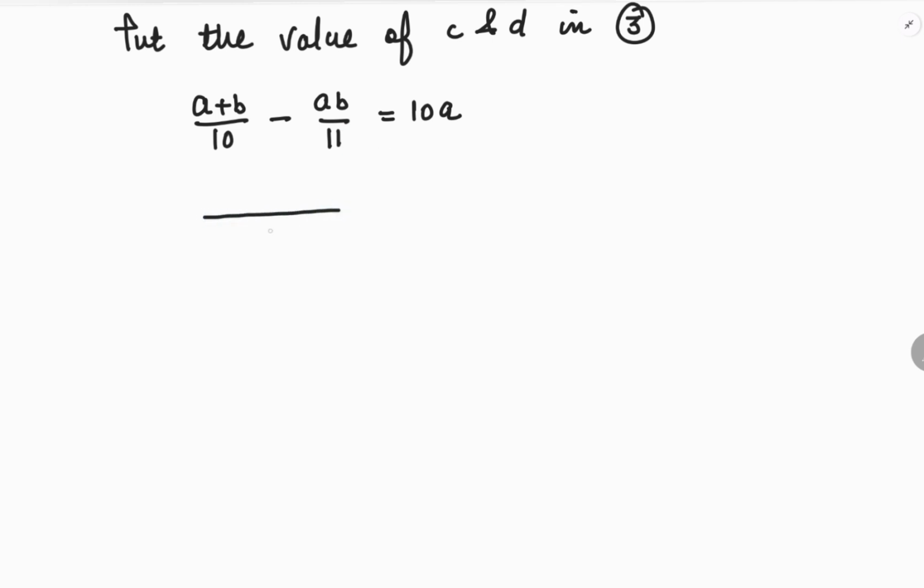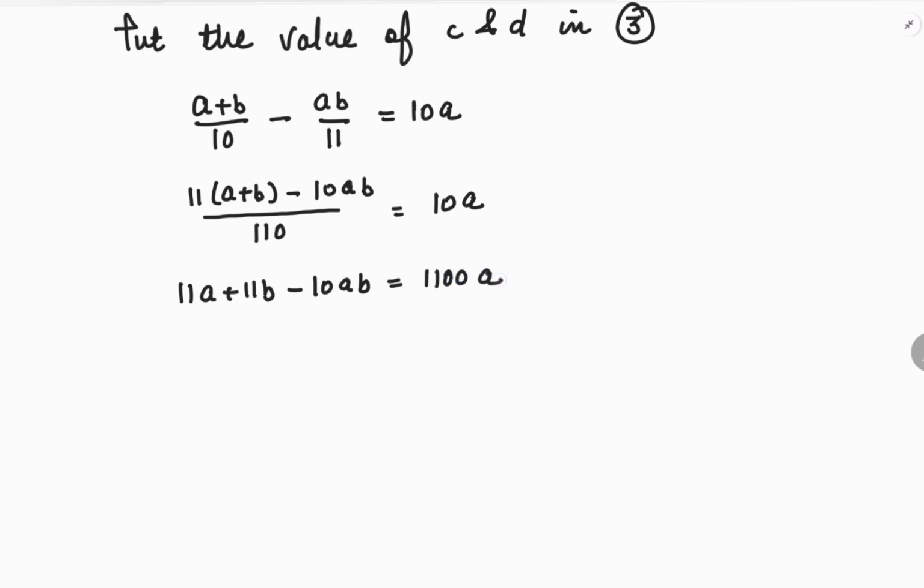On the left hand side, I will take LCM. Okay, and here we will get 11 times A plus B minus 10AB is equal to 10A. And eventually when we open this bracket, this 110 will go to the right hand side and it will become 1100A, right? Okay, now I will bring everything on the left hand side. We get this, right?